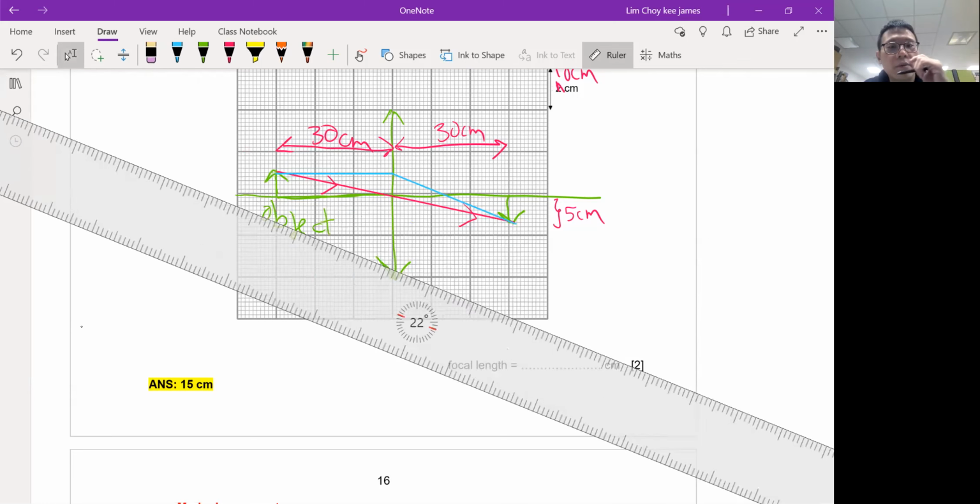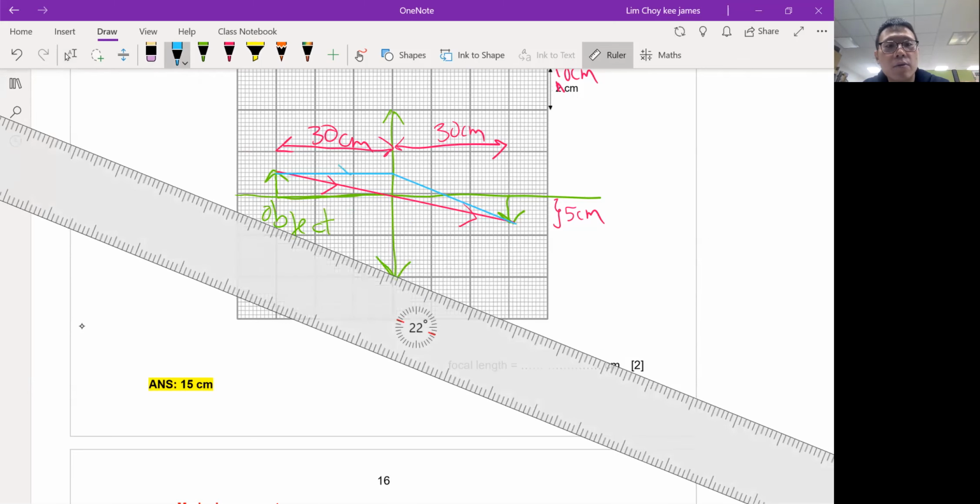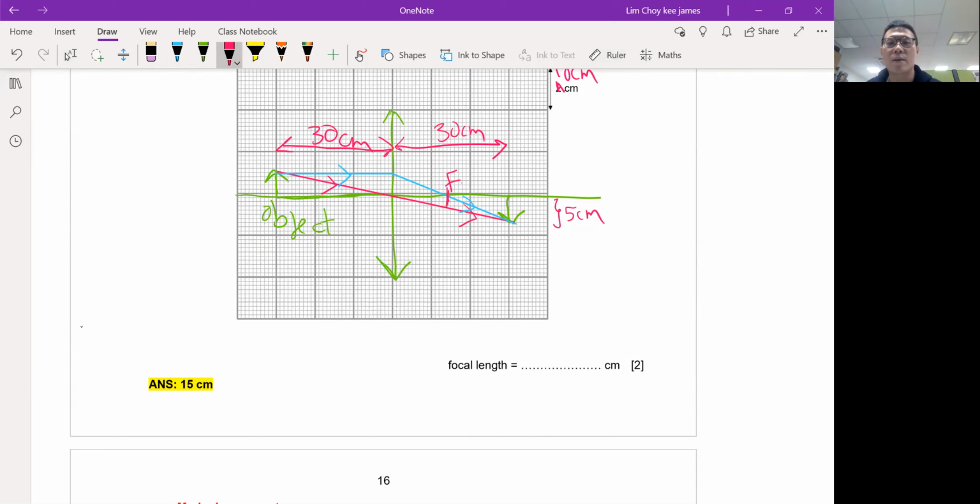Remember to put an arrow. You'll find that you'll cut through the focal length, F. Do it nicely on the paper. I think the answer will be 15 cm, maybe plus minus a bit, like 15 to 16 cm. So just take note of the answer.